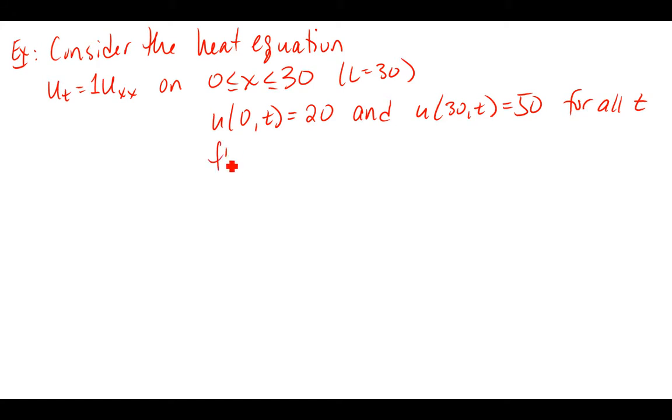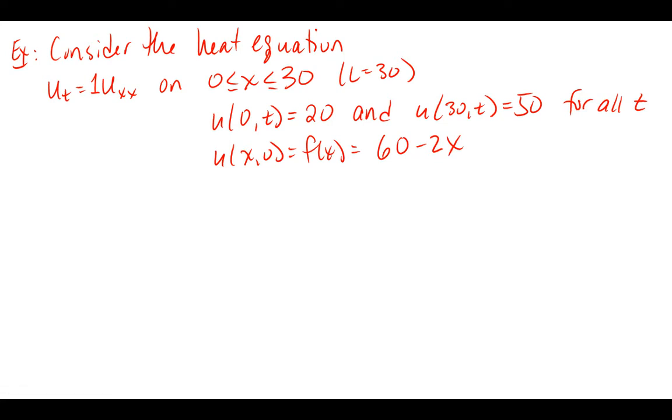And the initial temperature across the bar, which is our f of x, is given by, I'll just go with a nice line here, 60 minus 2x.